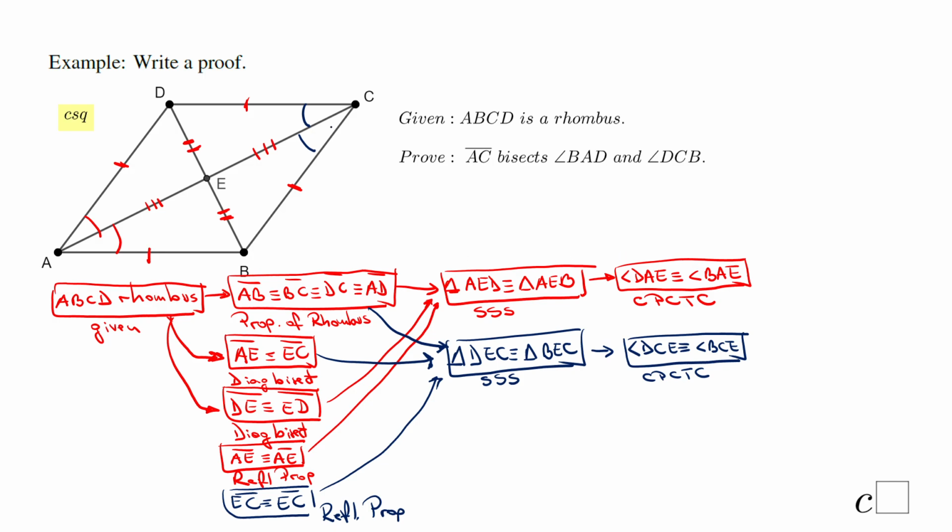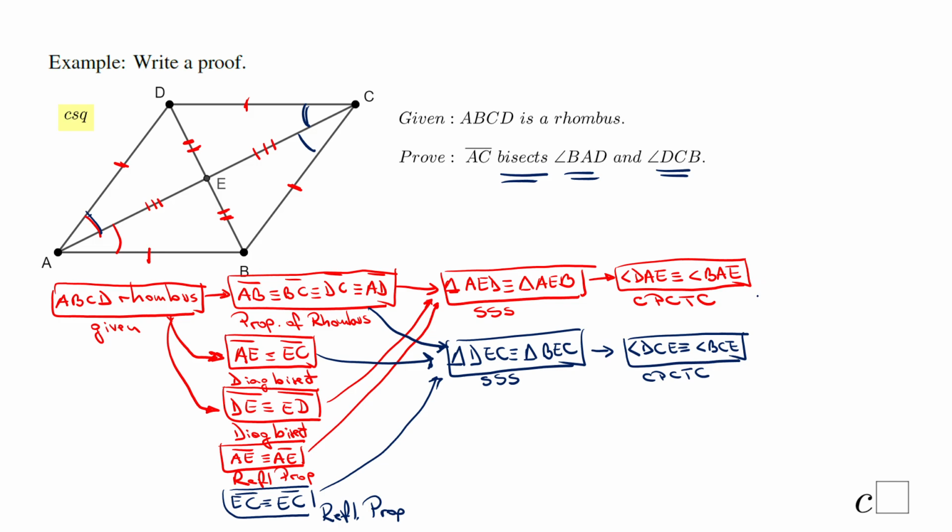Okay, now, like I said, some of you may say, hey, these two angles are different from the other ones. You can prove that these angles are congruent because this is an isosceles triangle. But in fact, we don't really need that, because the bisected angles BAD and DCB are right here.